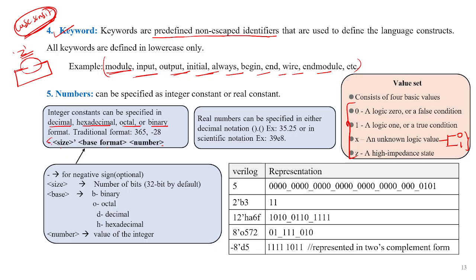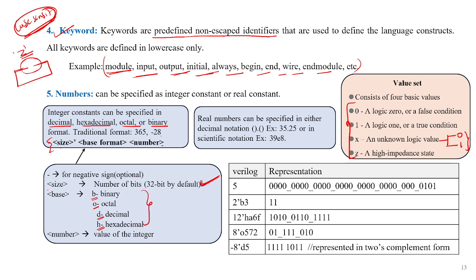Size by default is 32 bits, as the compiler will take. For the base, if it is binary you include B, if octal O, if decimal D, and if hexadecimal H. This is the base.